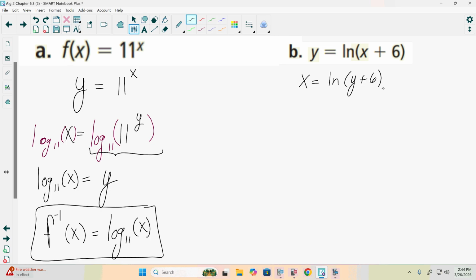So what we need is an exponential, because exponentials and logarithms simplify each other out. And to do that, we need to put both sides to a base. And that base is going to match whatever the base of the natural log or the log is. What is the base of this log?